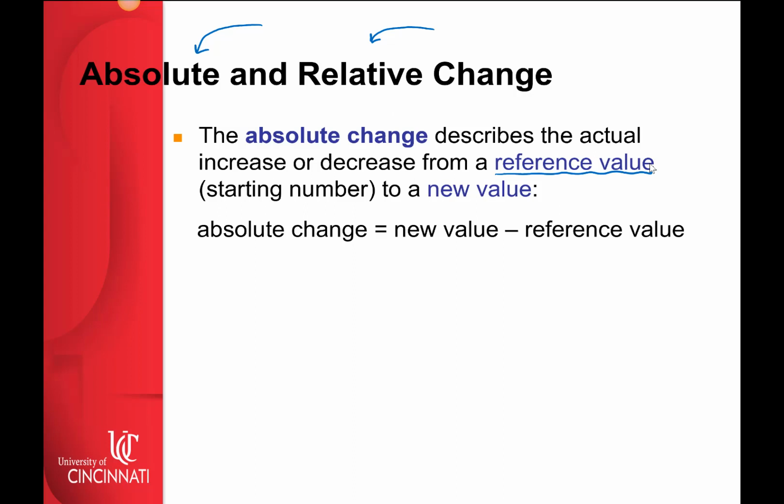From there, you're moving to some new value. Either things are increasing or things are decreasing, and it can happen either way. The new value that you're moving to is cleverly called the new value. To get the absolute change, be careful. Pay attention to this. Absolute change is always the new value minus the reference value.